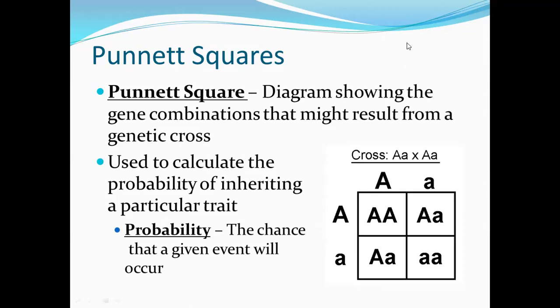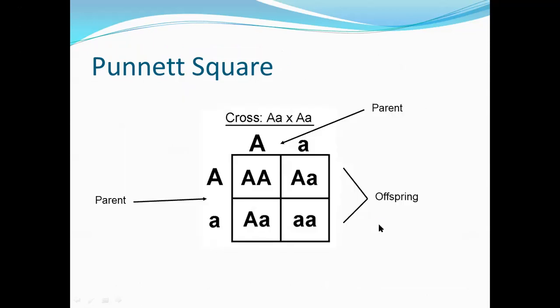All right. For my example here, I'm gonna cross capital A and lowercase a. And we're gonna see the probability, okay? Using this Punnett square, you are able to know the probability, the phenotype, and the genotype. This is how it goes. So I have here, right?